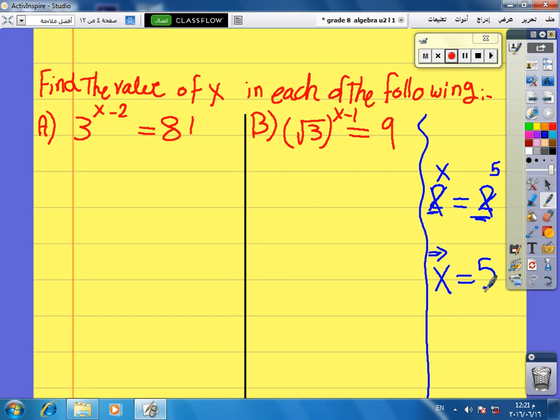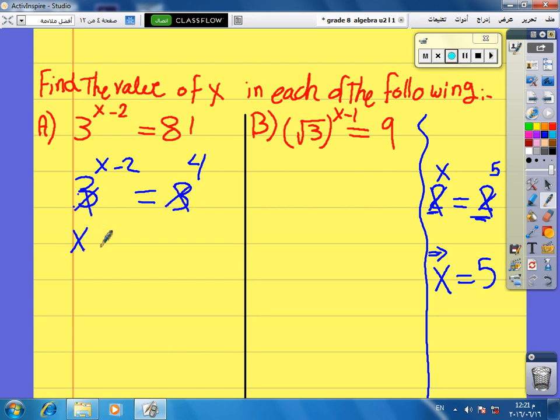3 power x minus 2 equals 81. I will write 3 power x minus 2. I want 81 to become 3 also, so 3 power 4. When we have the same base, we will cancel it.